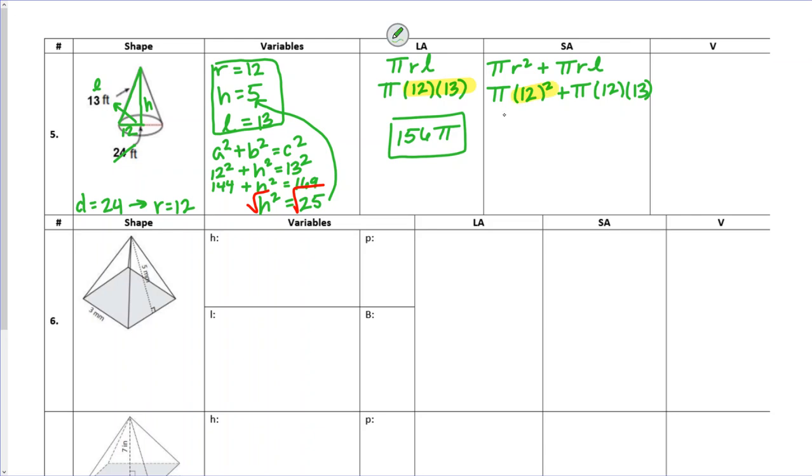So the first part is 144 pi plus second part, 12 times 13, 156 pi. Combine your like terms, 144 plus 156 is 300 pi.